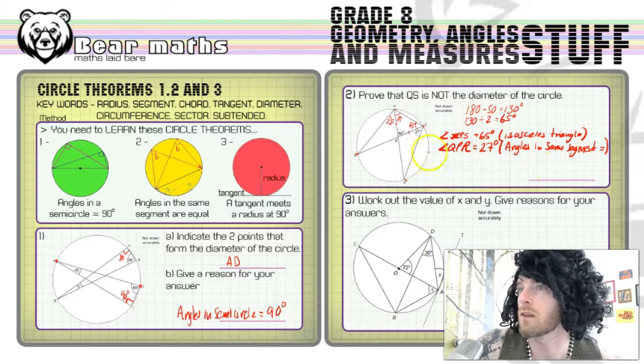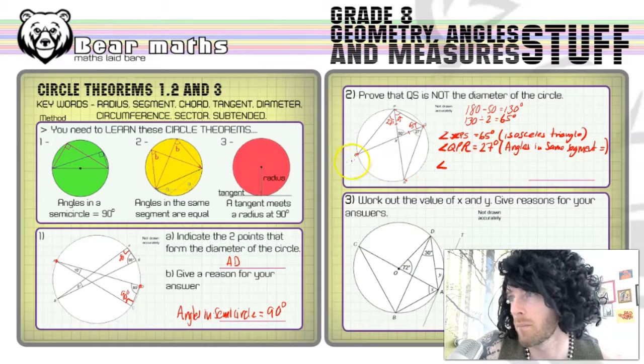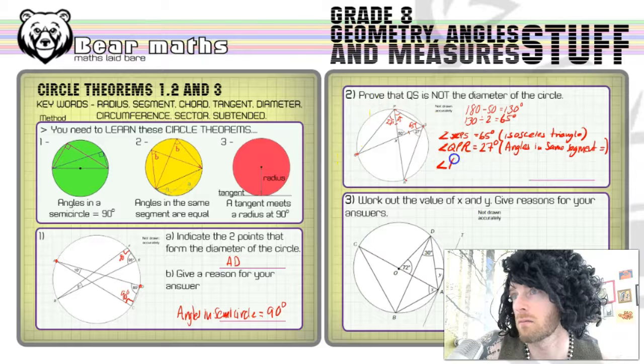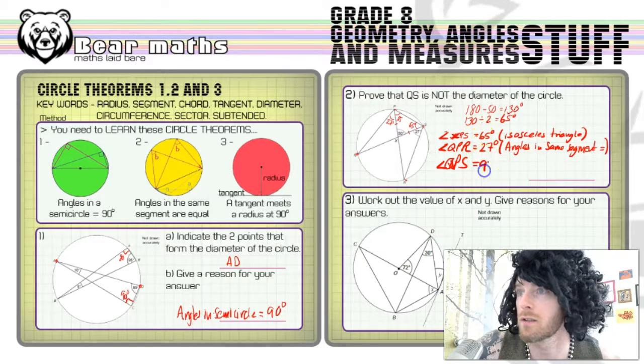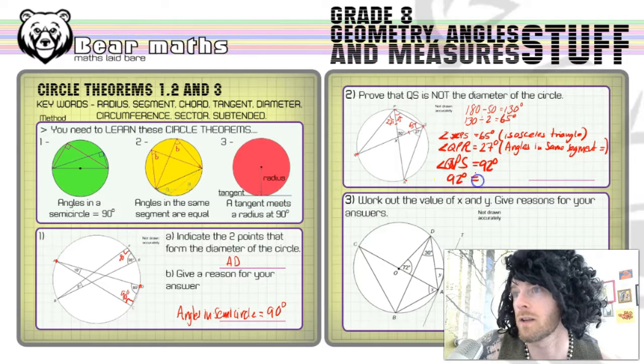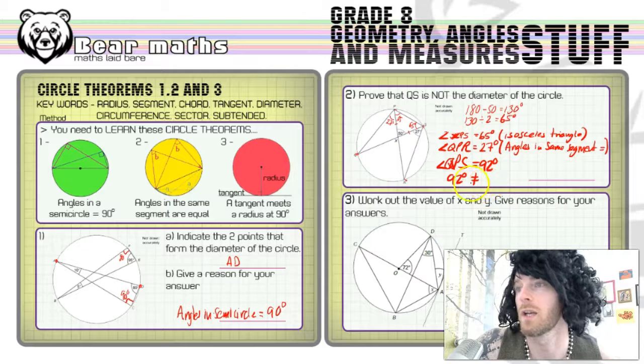So if that's the case, then 65 plus 27, so angle QPS, there we go, QPS is equal to 92 degrees, and 92 degrees is not equal to 90 degrees, therefore QS is not the diameter.